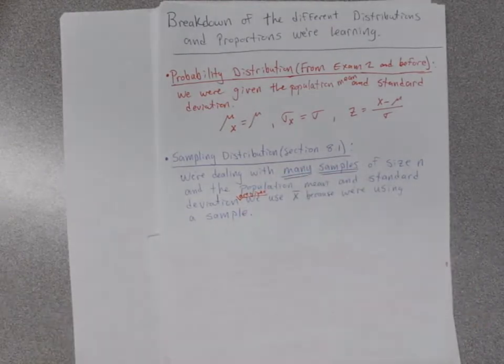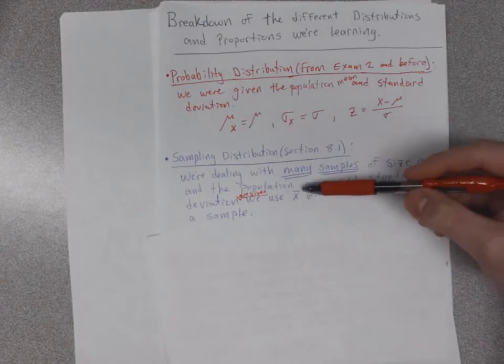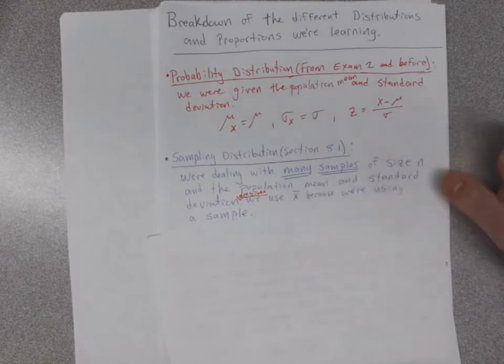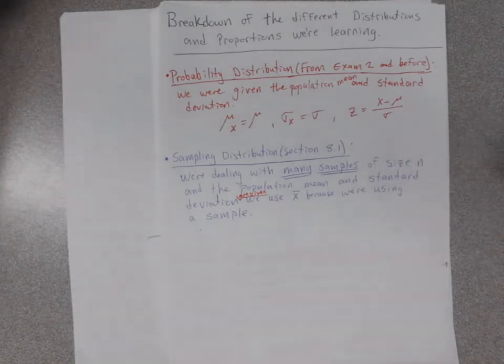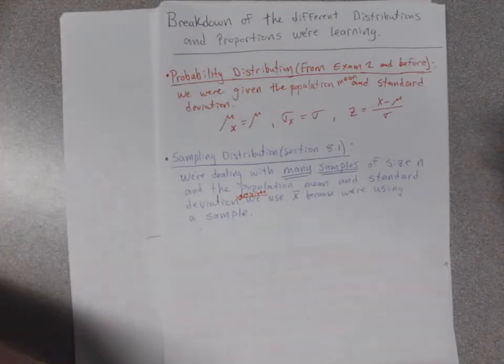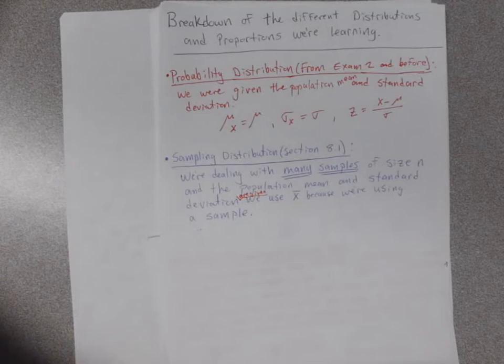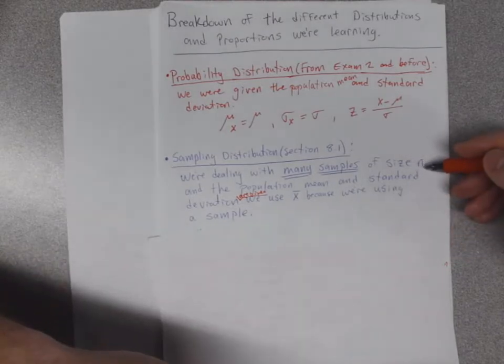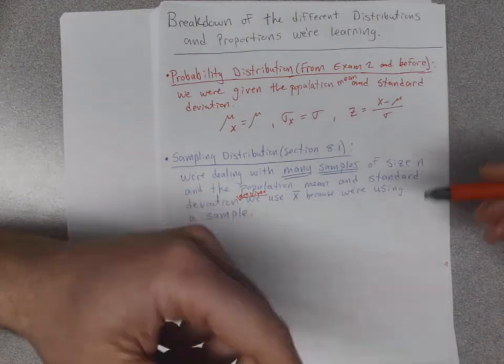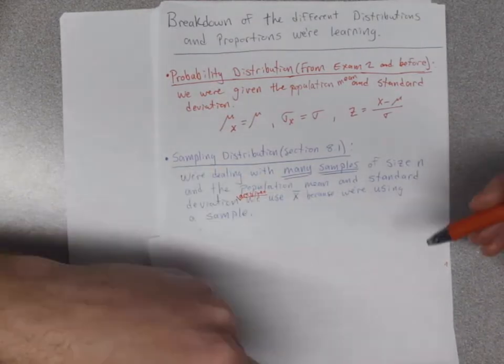All right. But the key thing, and we use x bar because we're using a sample. So the key thing here is to note that we have a sample, and each sample can vary and be different. So if we were taking, let's say, a university that has 20,000 students, if we took a random sample of 50 students' IQ, and we got the mean and standard deviation of just those 50 students, and then we did it again for a different sample, and then did it again for a different sample.